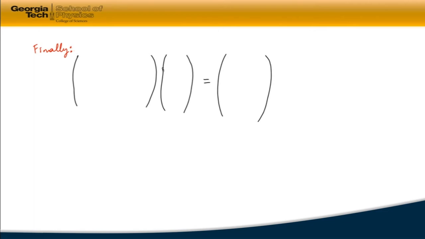So finally, we're going to write down everything we have in a single matrix equation. This matrix will act on our corrections, and on the right-hand side there will be our error.